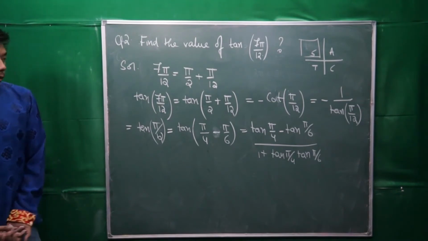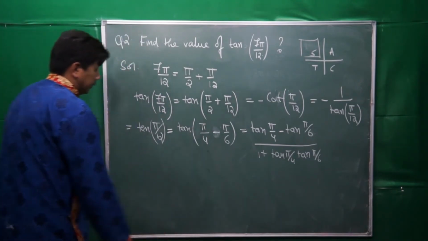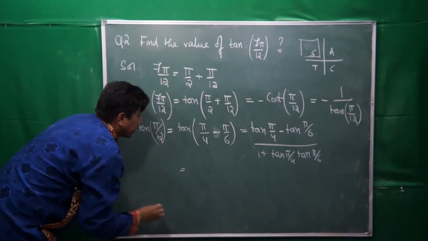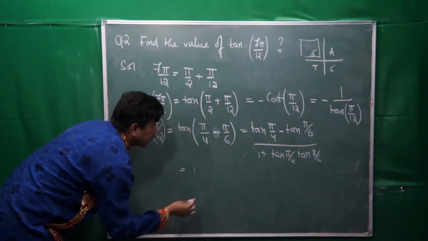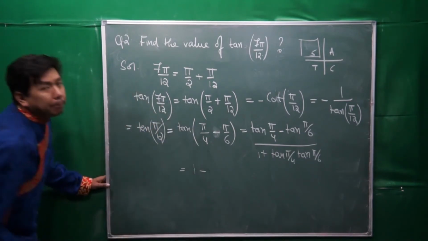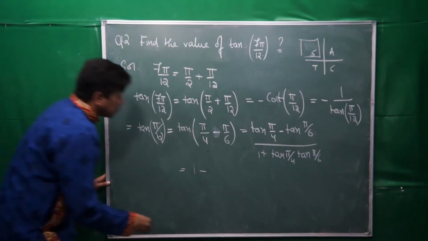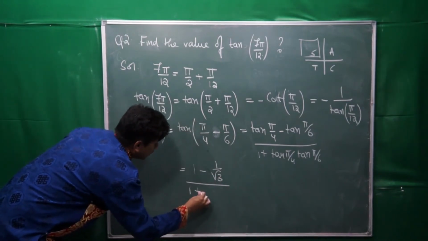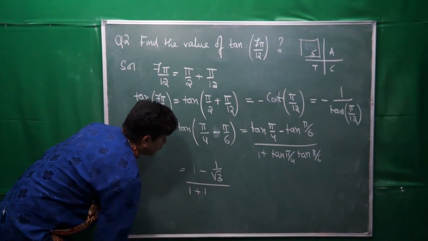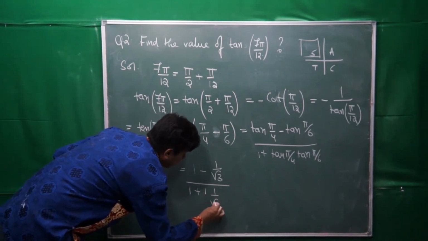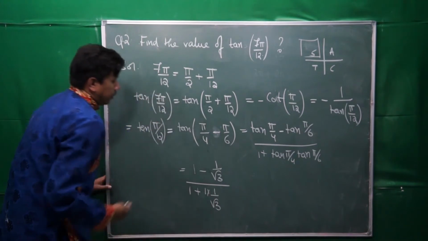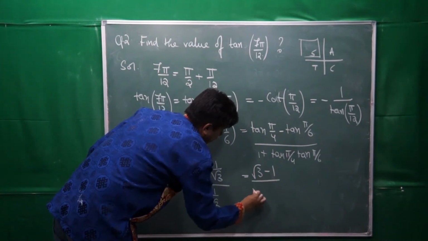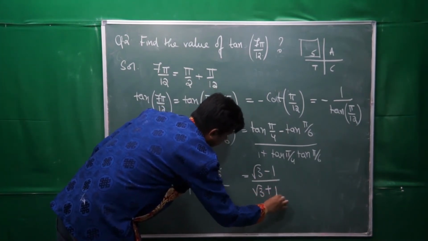So you can see clearly this is equal to tan pi by 4 is 1, minus tan pi by 6, tan 30 is 1 by root 3, upon 1 plus tan pi by 4, again 1, into tan 30, which is 1 by root 3. Now if you solve it, we are going to get root 3 minus 1 upon root 3 plus 1.